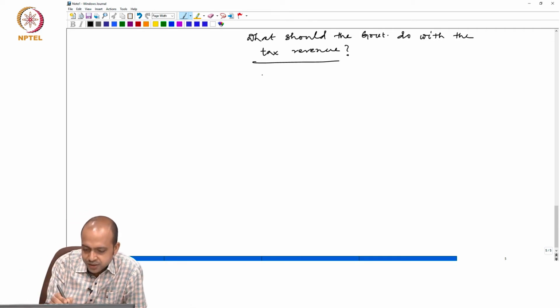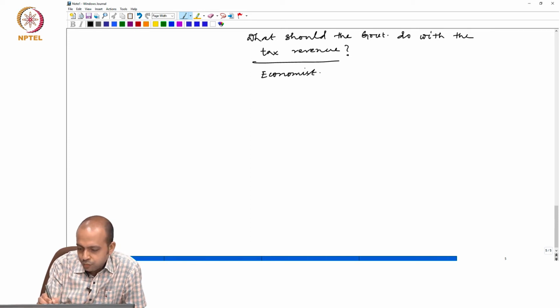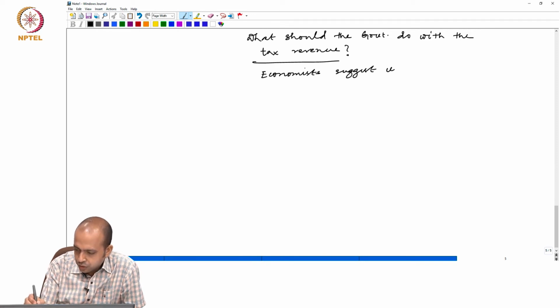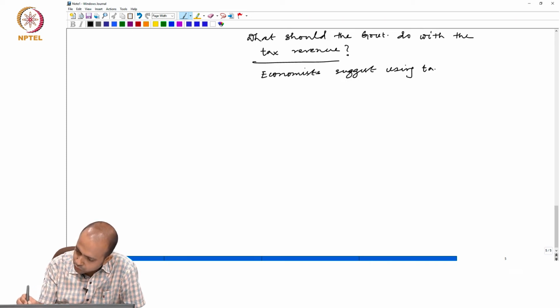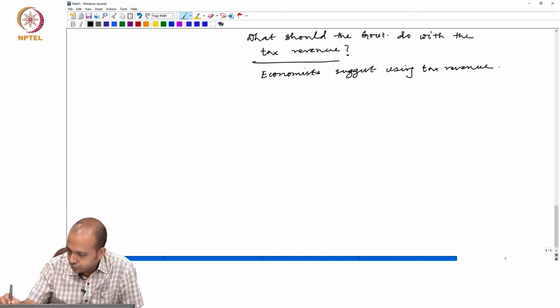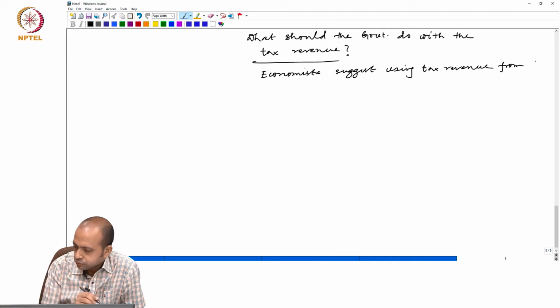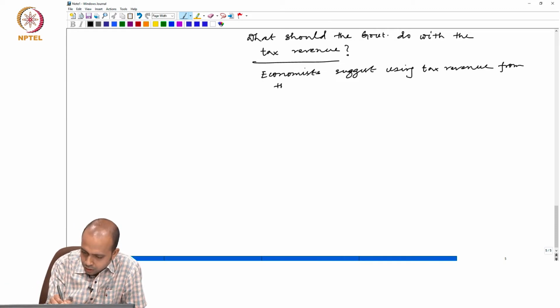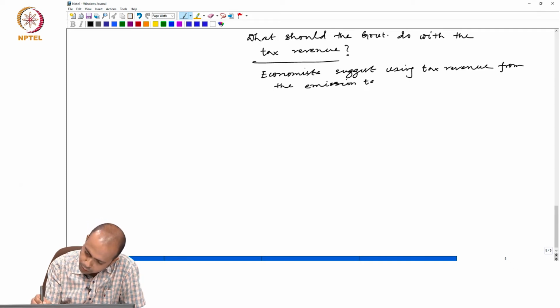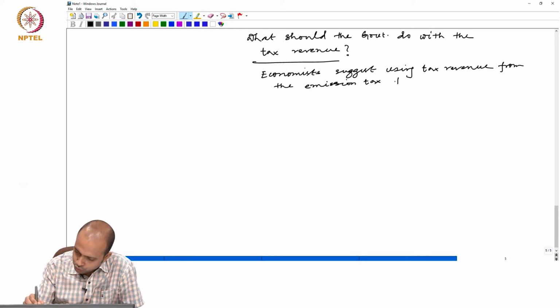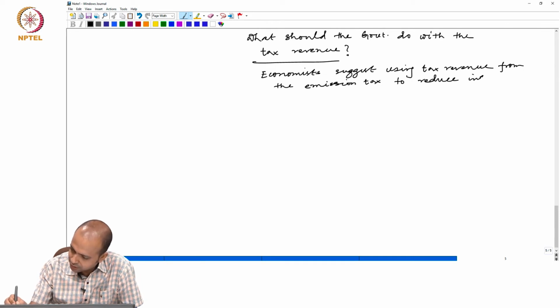So, economists suggest using tax revenue from the emission tax to reduce, let us say, income tax.